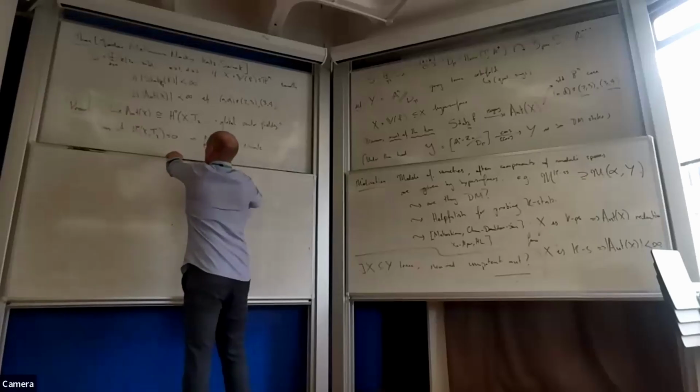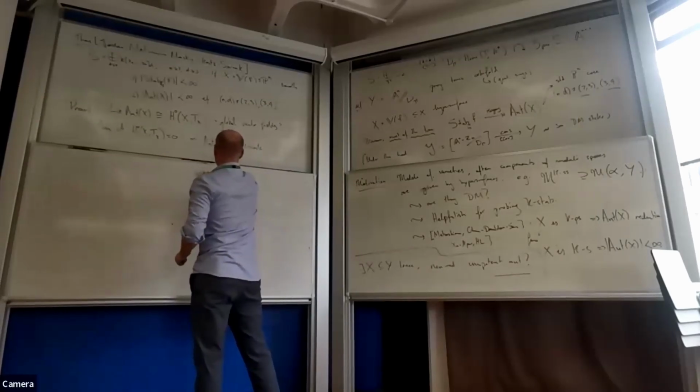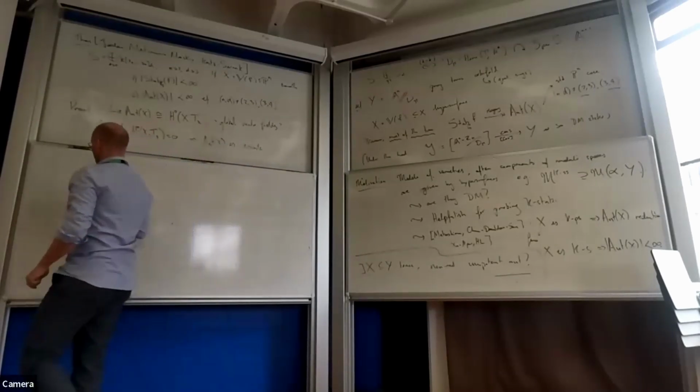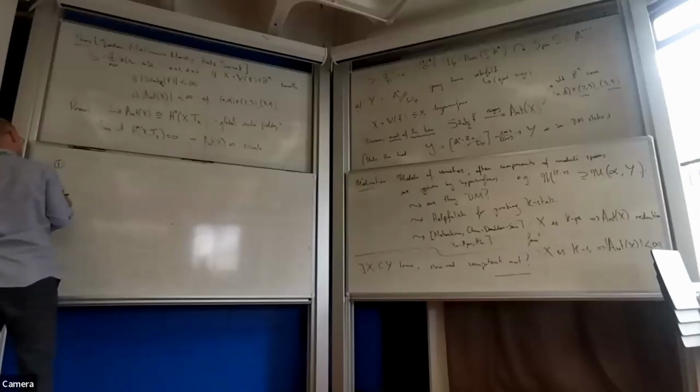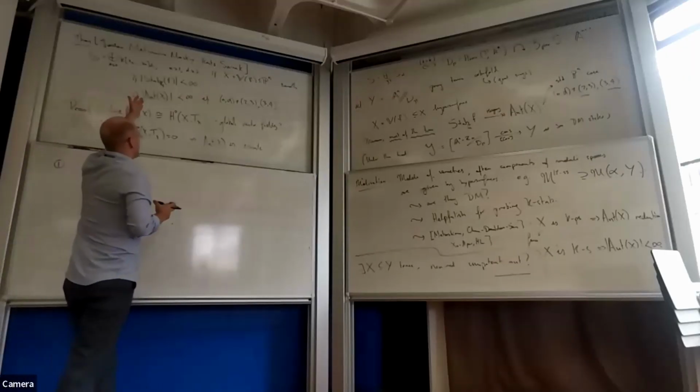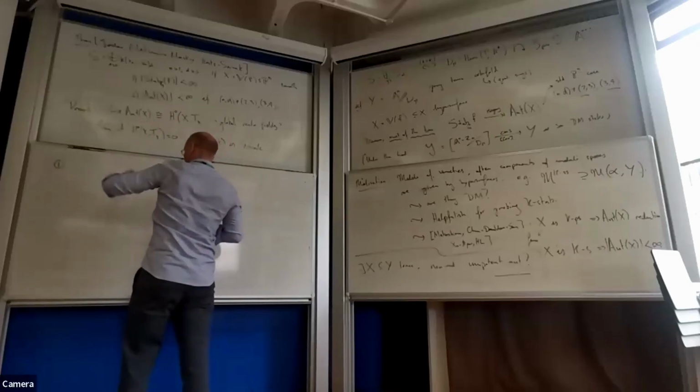Right. So now we have a new aim. The first thing that one has to do, if we want to get this first statement, is we have to relate stab and aut.